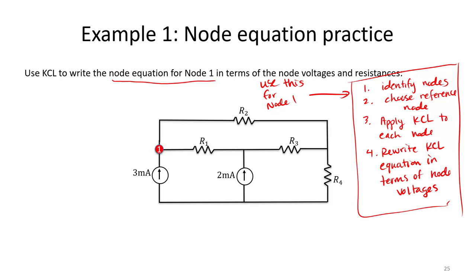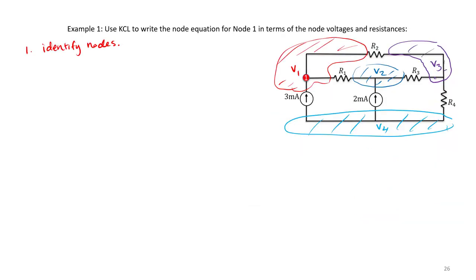Our second step is to choose a reference node. So the reference node is going to be set to 0 volts.